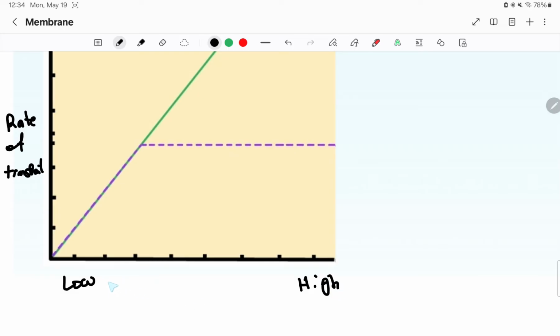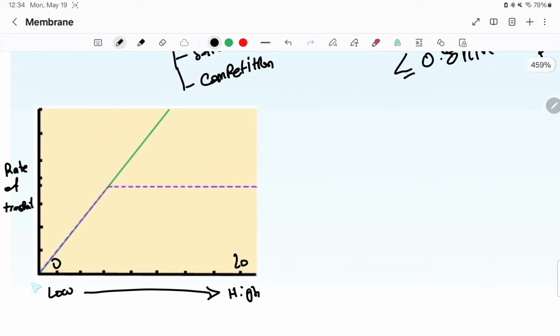If I go from left to right, the concentration is increasing. So let's say this is 0, this is 10 of some arbitrary unit, and this is 0, and maybe this is 30 of the rate of transport in some arbitrary unit. And sorry, this would both be 0 here.